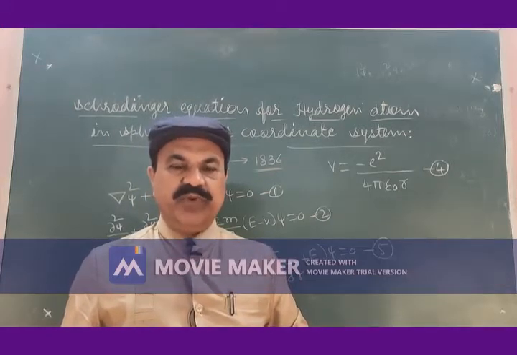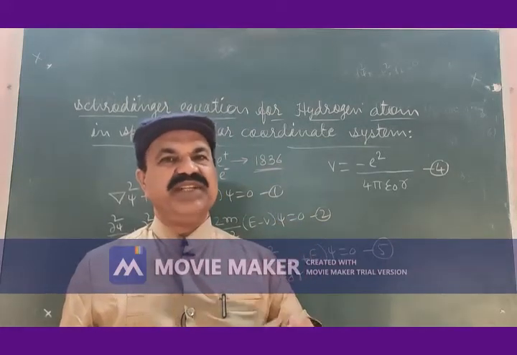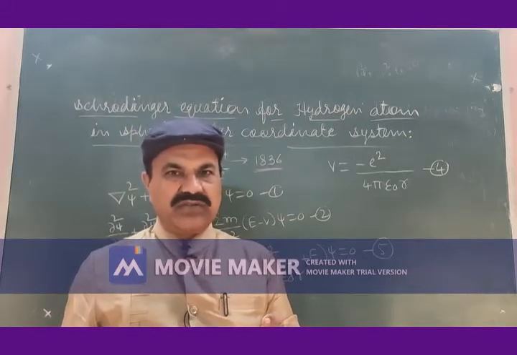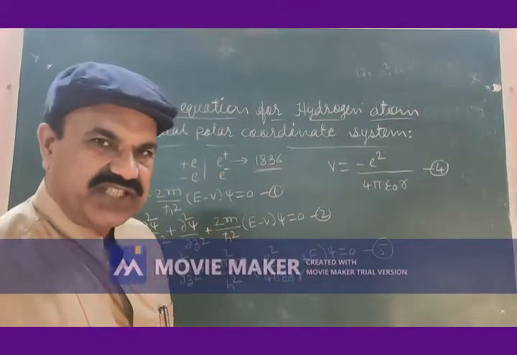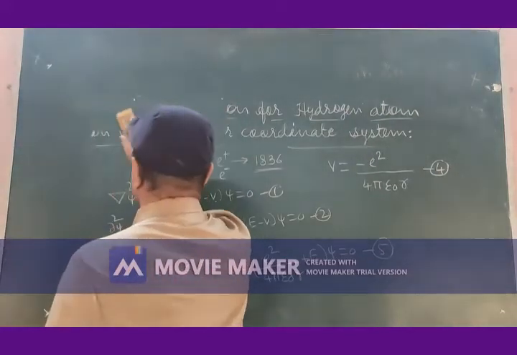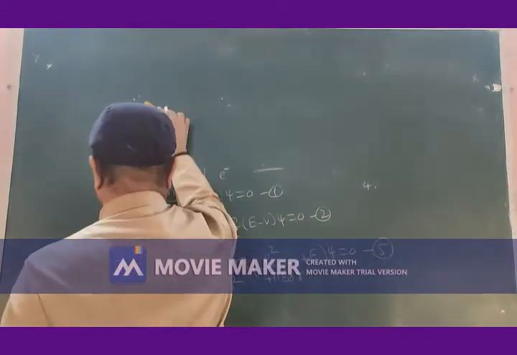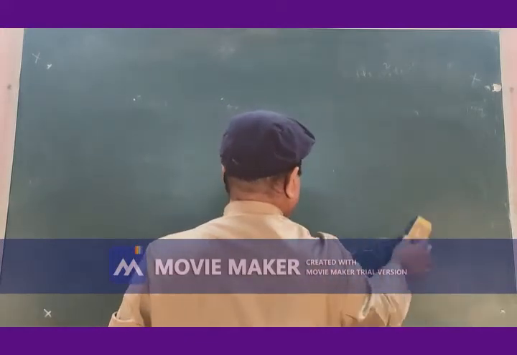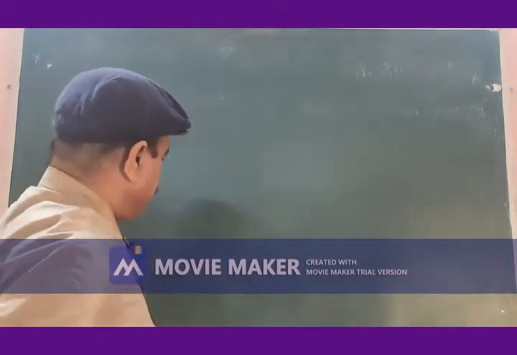So before expressing Schrödinger equation for hydrogen atom in spherical polar coordinate system, let us have the idea of spherical polar coordinate system. Let me draw a simple figure for this.